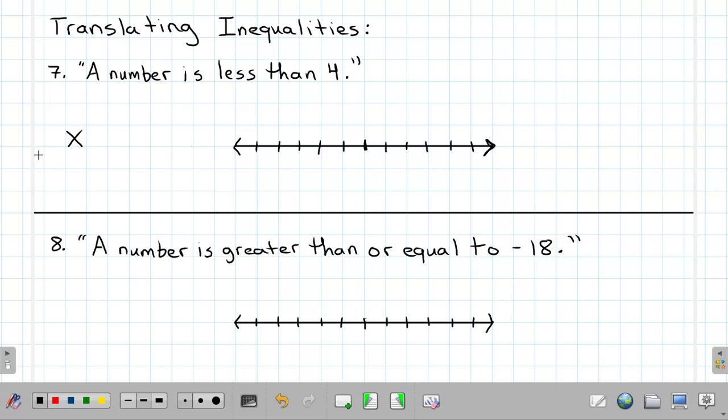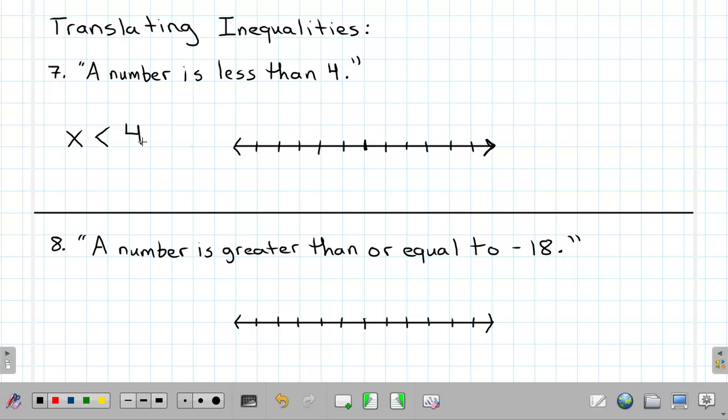Like, you can call it whatever you want to. Okay, I'm just using X because X is a generic variable to use in a situation like this. But here we just literally read it. A number, so that's the X that we have, is less than 4.